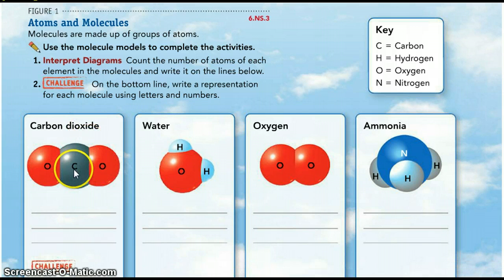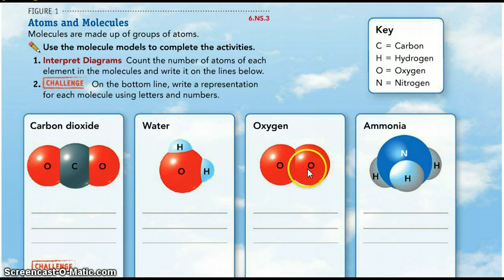If we look here, we would have one carbon atom and two oxygen atoms. Here, water, H2O: we have two hydrogen atoms and one oxygen making up that molecule. Oxygen, we call it diatomic because oxygen doesn't like to be by itself, so it bonds to another one.